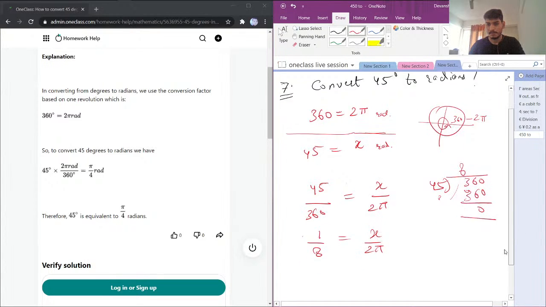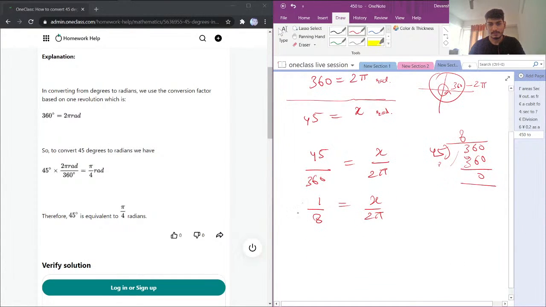Then I will multiply both the sides with 2 pi. So 2 pi gets cancelled. 2 will be written as 4. So this will be pi by 4 radian. X was the desired solution which we wanted to find.